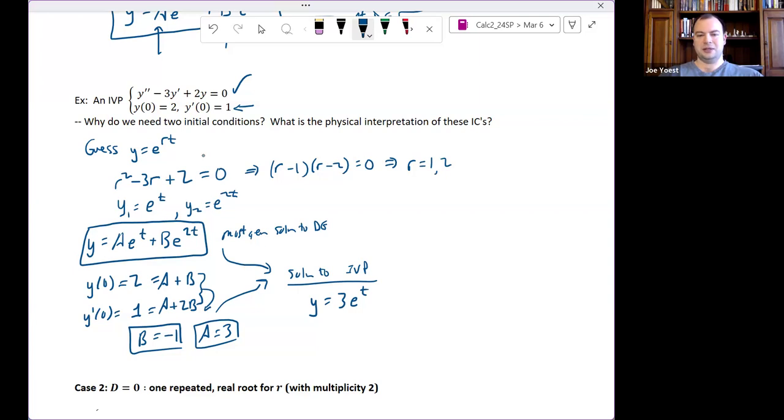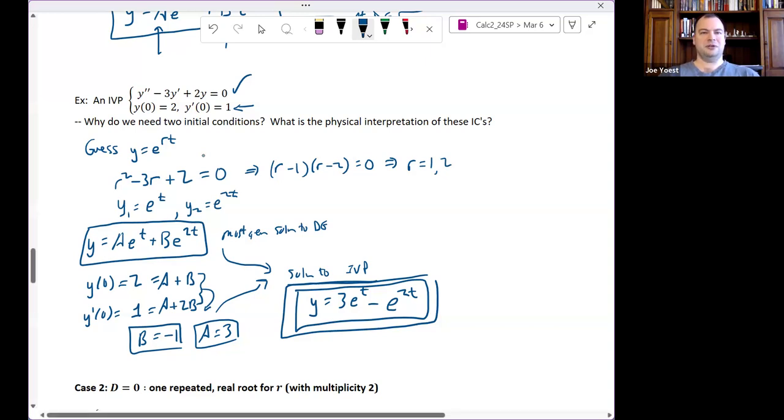So 3e to the t minus e to the 2t. This, put two boxes around it, I guess. That's the full solution to the initial value problem. So the hard part is really solving the differential equation, then a little bit of algebra to get the initial conditions matched up correctly.